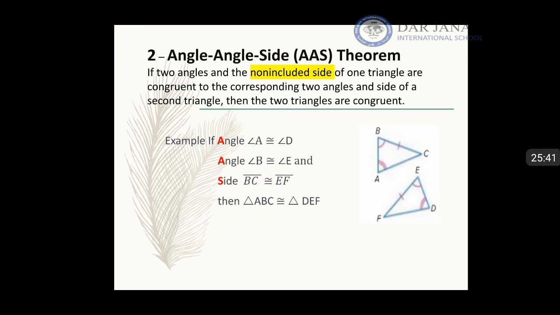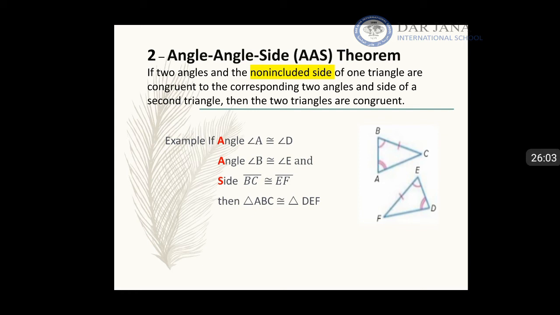Let's see, what do we have in this example? We have angle A congruent to angle D, and angle B congruent to angle E. So we have two consecutive angles in the first triangle that are congruent to their corresponding angles in the second triangle. Now the only thing we need is a non-included side, which is any side.